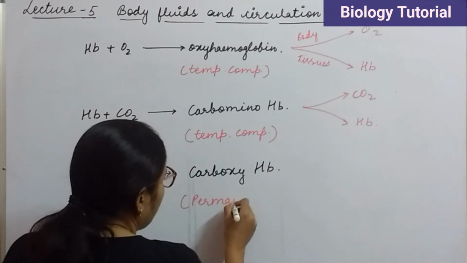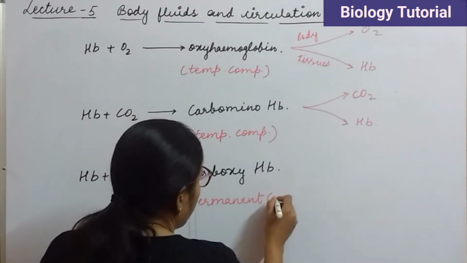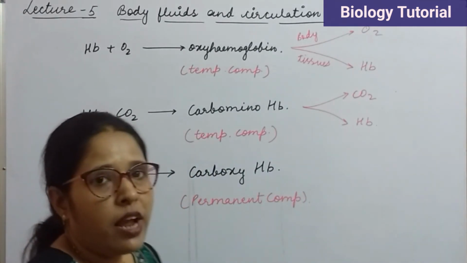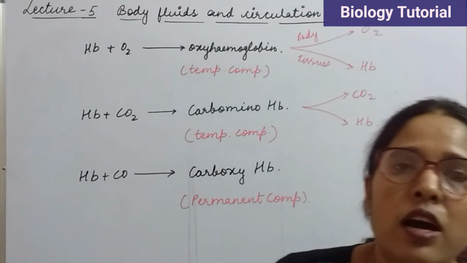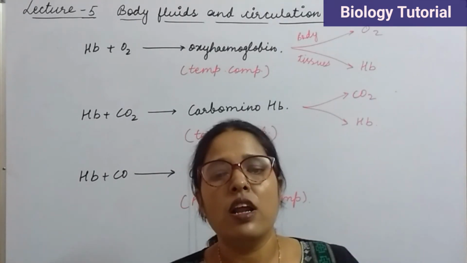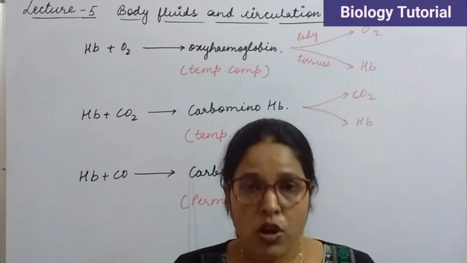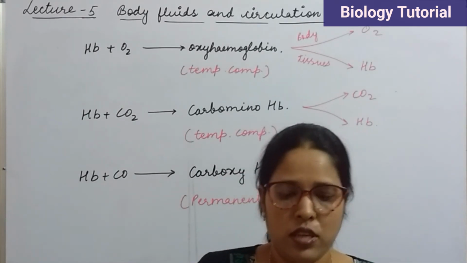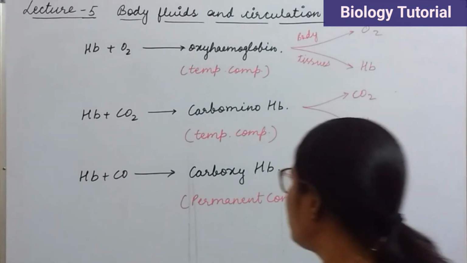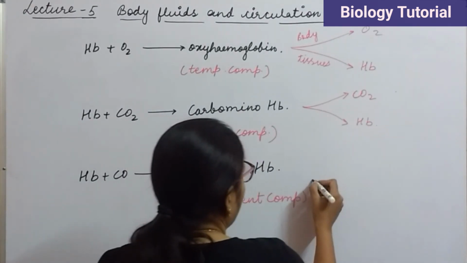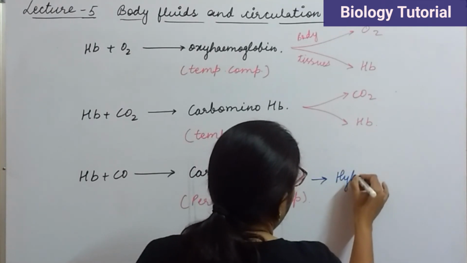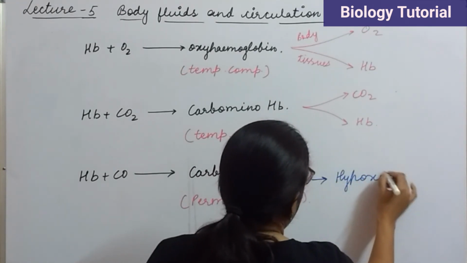It is a permanent compound which doesn't break down in the body, and it gets deposited in our body and damages our lungs also. So this causes a disease called hypoxia. Yeah? The disease caused due to deposition of this carboxyhemoglobin is called hypoxia.